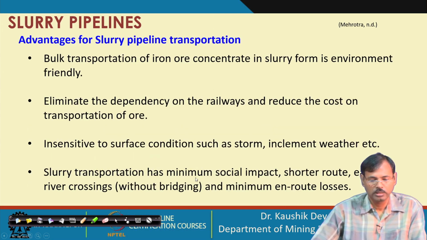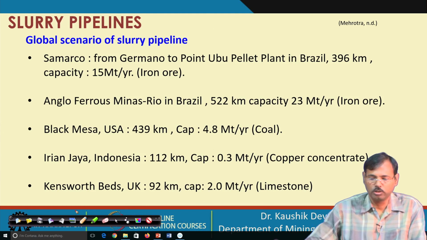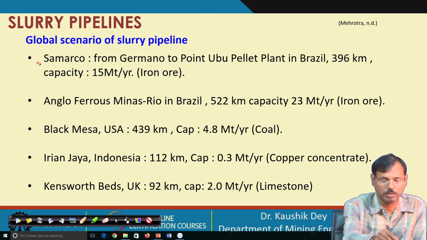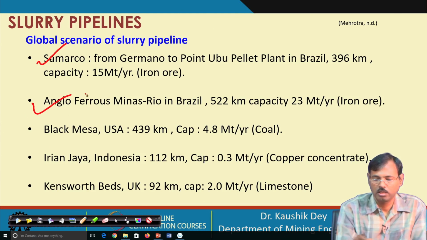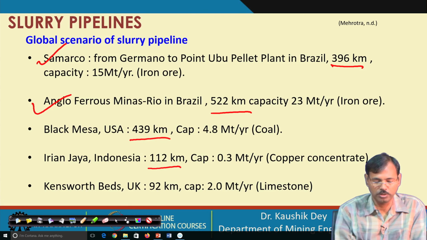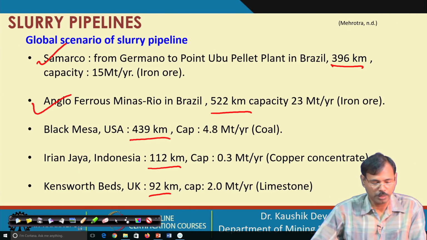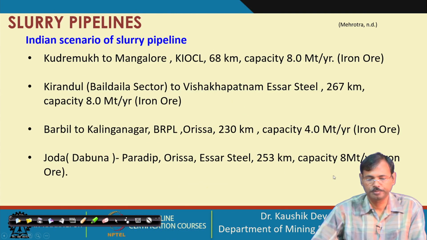Apart from that, there are a few notable slurry pipeline systems: 396 kilometer, 522 kilometer, 439 kilometer, 112 kilometer. So, these are the very big slurry pipeline systems available throughout the world.